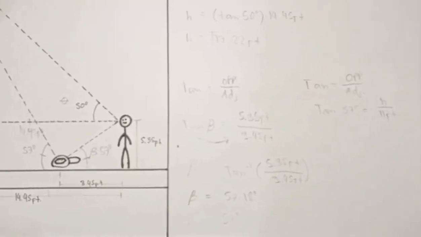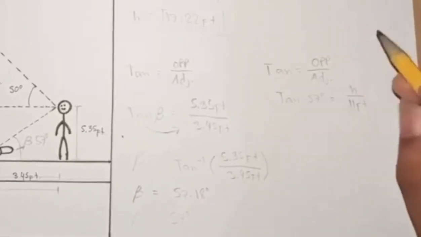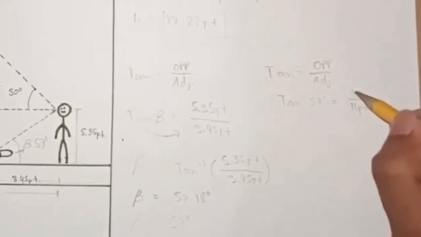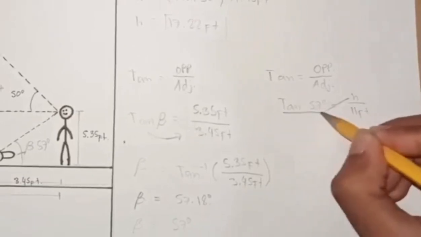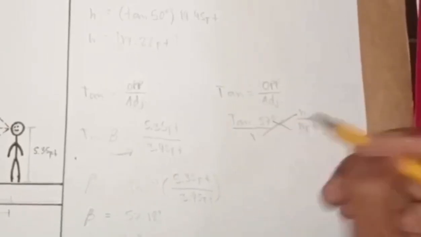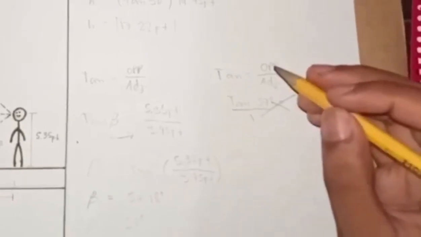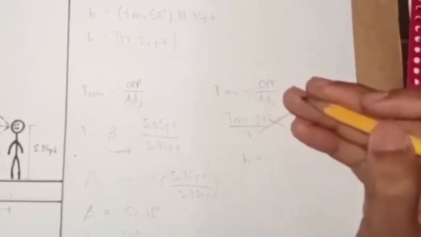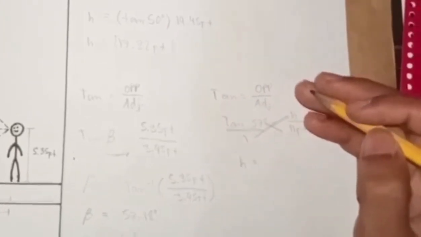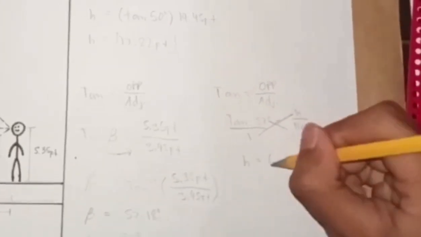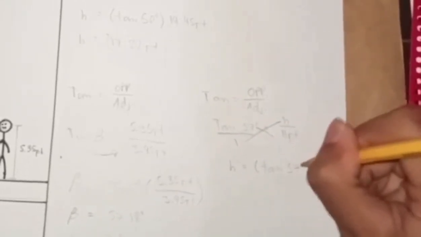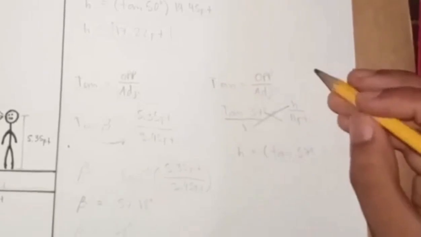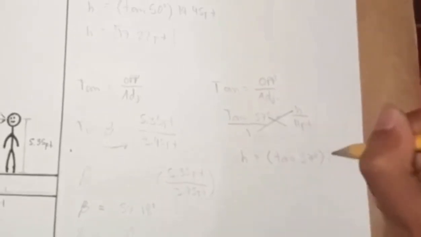Then, let's use cross multiplication. So, 1 times h is equal to h, equal to tangent 57 times 11 feet.